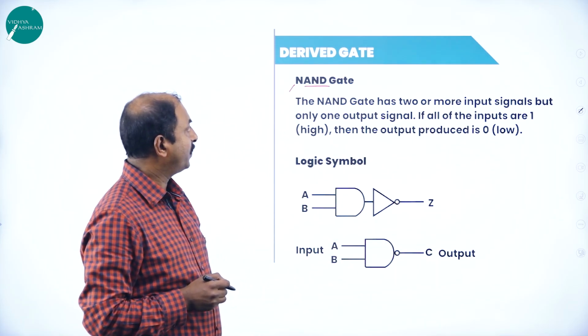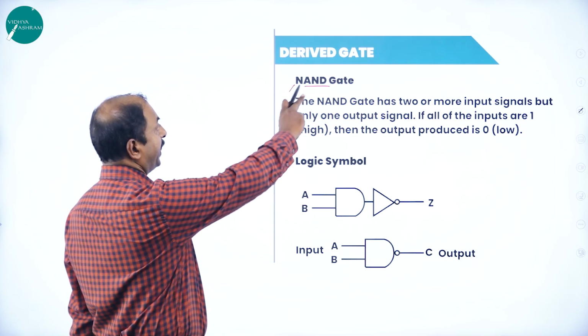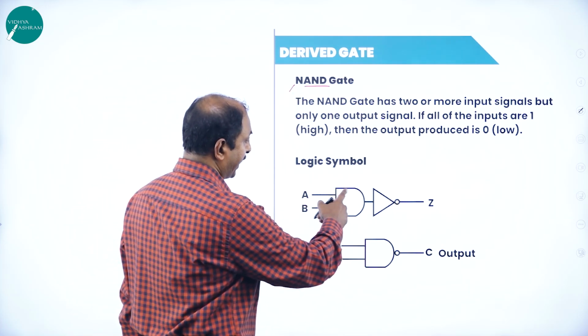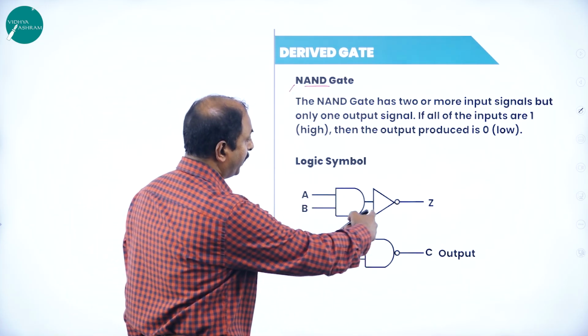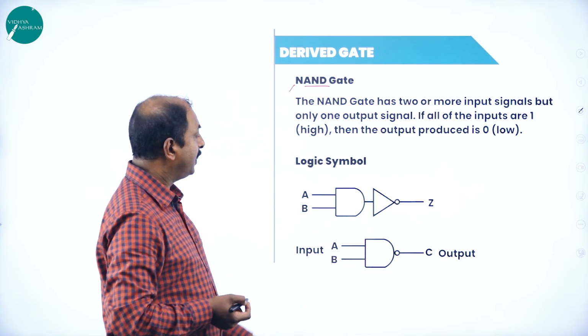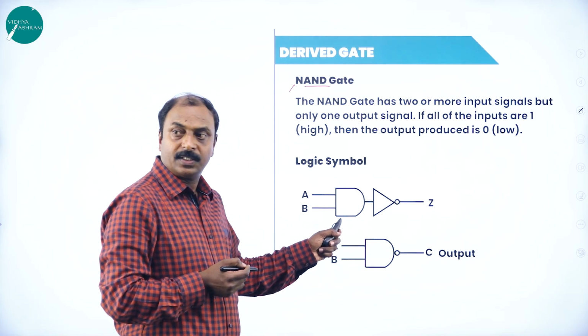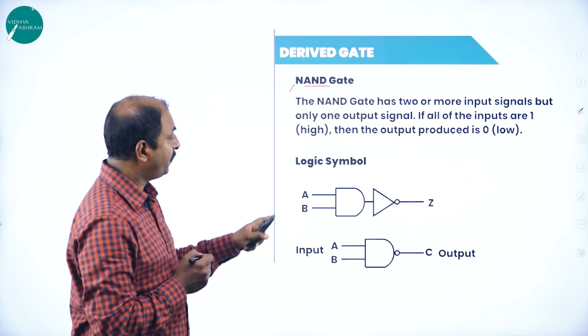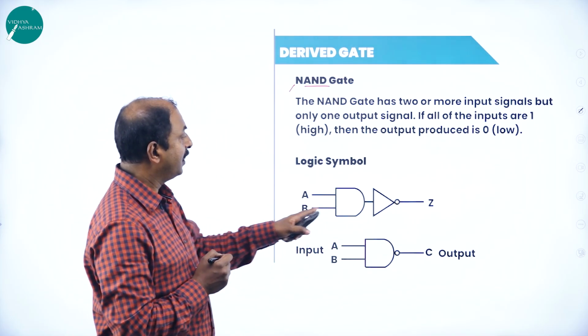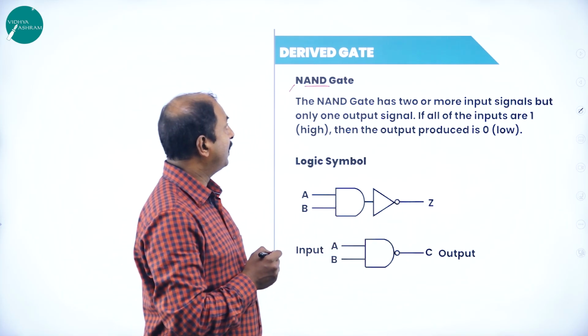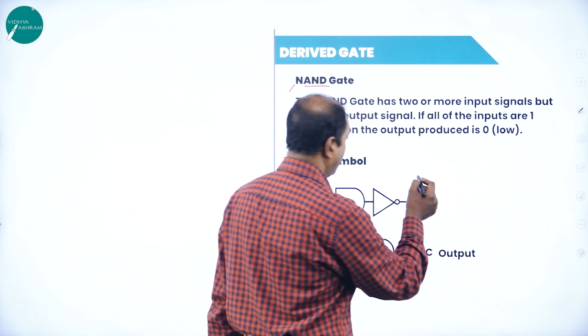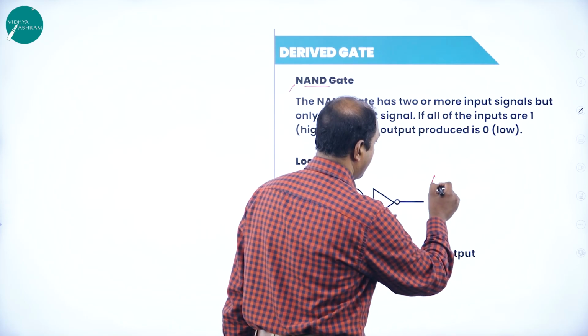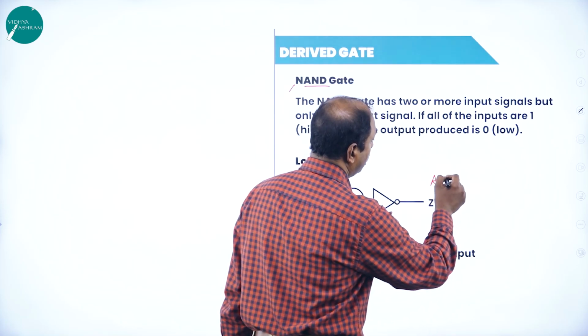Now look at the symbol for this. As it is derived from the AND gate, this is a diagram of an AND gate followed by a NOT gate. Again, the output of this AND gate will be the input of this NOT gate. So finally, if the inputs are A, B and the output is Z, we represent the NAND gate with Z = (A . B)'.